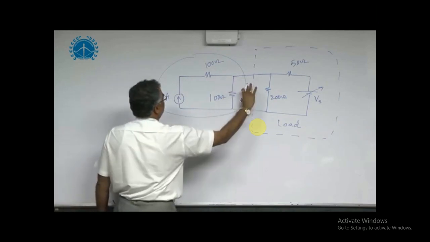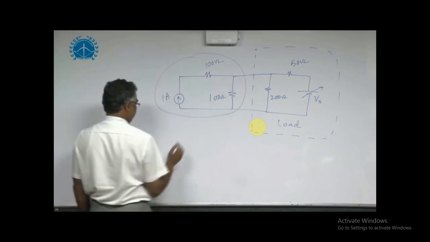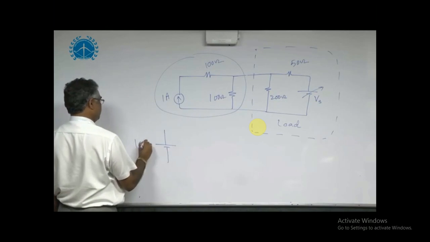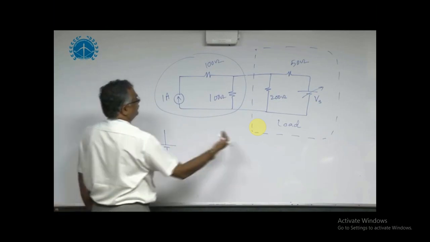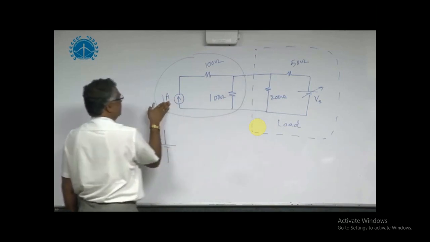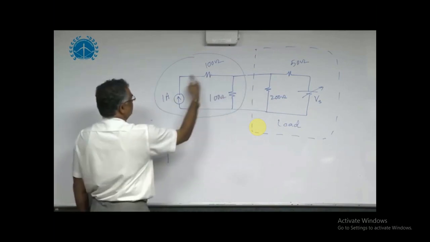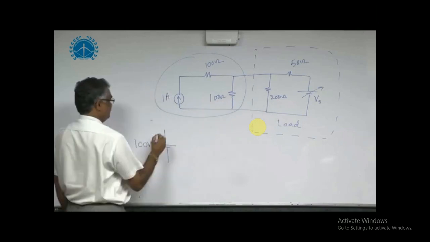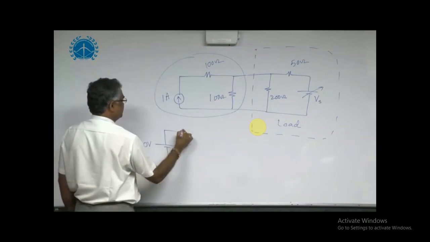Open circuit voltage is 1 ampere into 100, that is 100 volts. Then when we are finding R Thevenin looking from this side, the current source is open, this path is open, so R Thevenin is simply 100 ohm, in series with the voltage source.